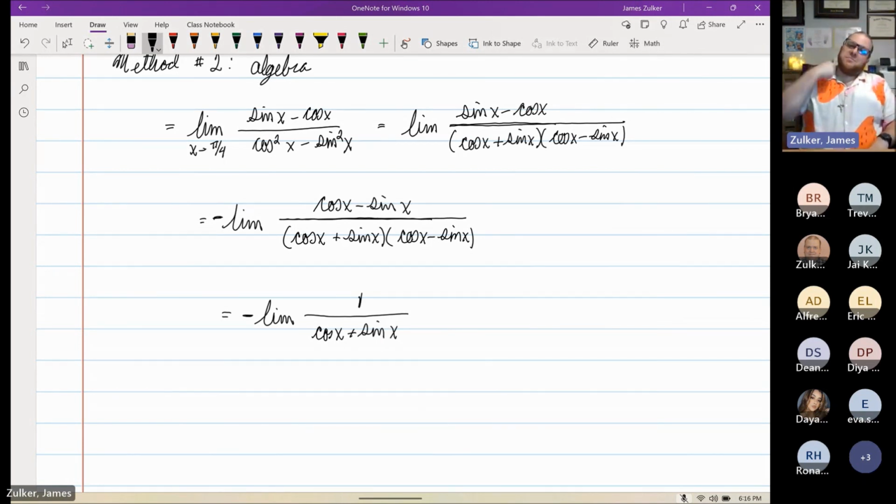Right, and then we have cancellations. Plug in pi over 4 now. And you get negative 1 over root 2, which is the same thing.